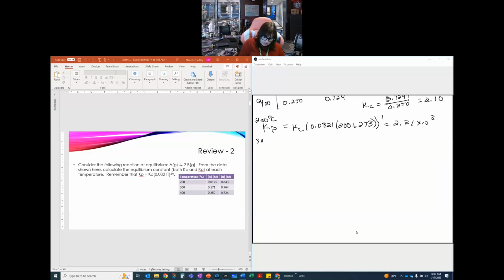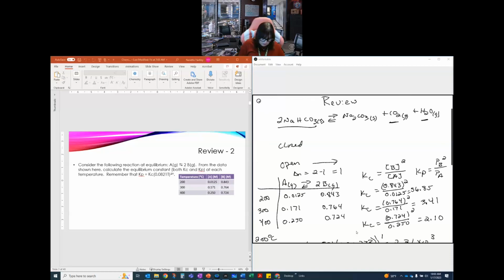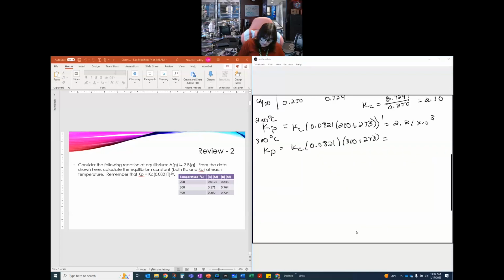At 300 degrees C, our Kp is going to equal our Kc times 0.0821 times 300 plus 273, to the first power. So the Kc that I had here is 3.41. 56.85 goes here, and 3.41 is the Kc here.